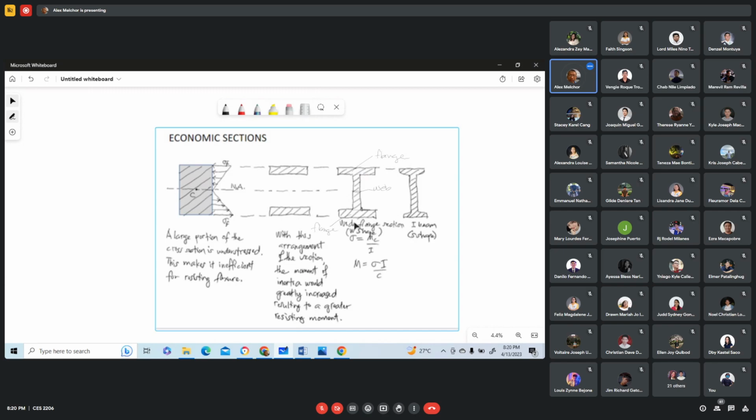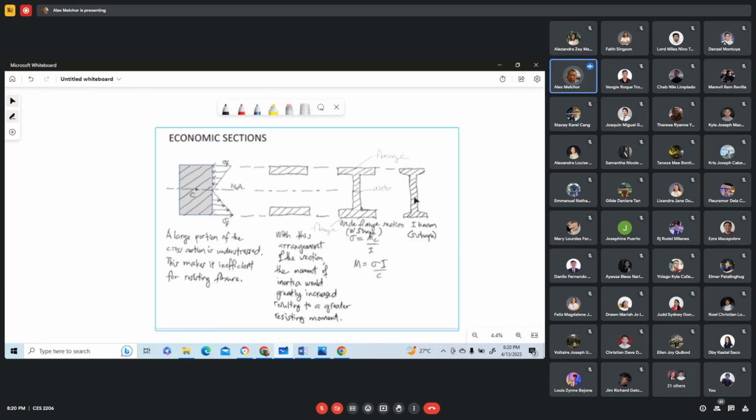Now, in any textbook about mechanics of deformable bodies, in the last pages, you can see the appendix, and in that appendix, you have the list of sections. Okay. Now this is called an I-beam, or we call this an S shape.